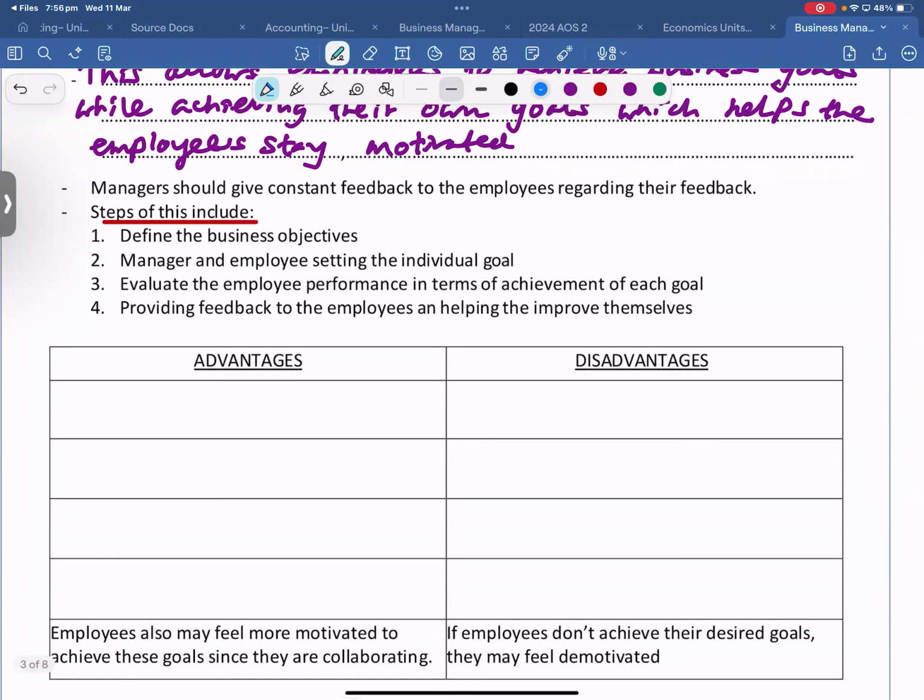Right, advantages. Overall performance of the business is improved.